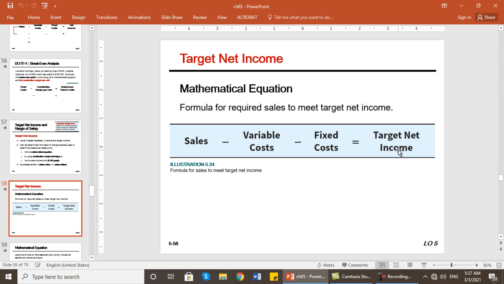In the last recording, when we computed the break-even point, the result here is 0. But now we will record the desired net income, for example $1 million, and calculate the required sales.